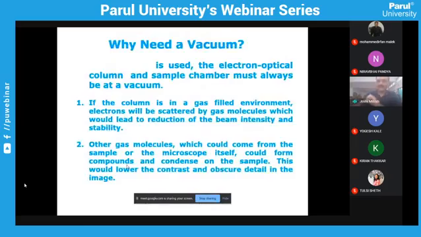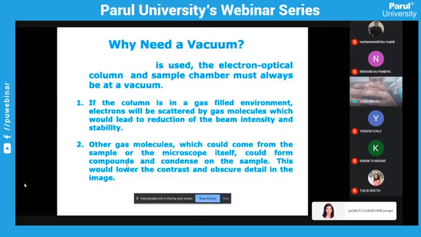So why do we need a vacuum? In a SEM, vacuum is used in the sample chamber so that the electrons scattered from the gas molecules should not interact with the other elements present inside the chamber.